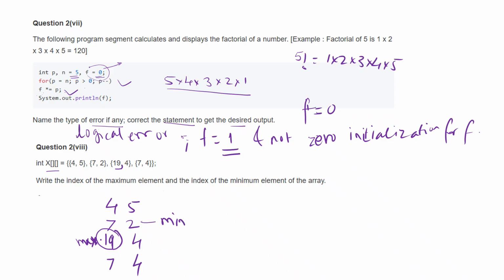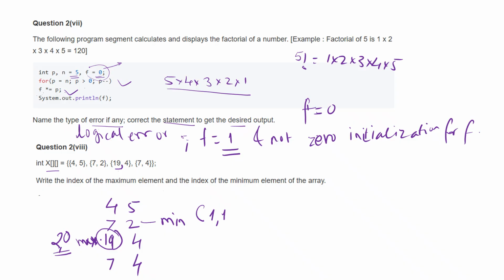So you have to identify the indexes. 0, 1, 2. So my row number is 0 and my column number is 1 for the maximum. And for the minimum, my row number is 1 and my column number is 1.